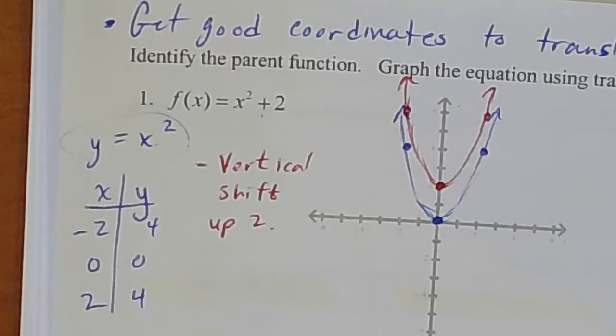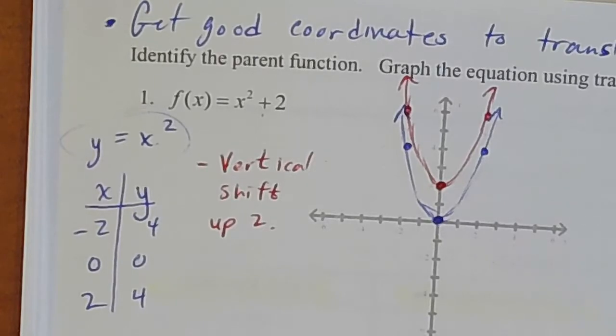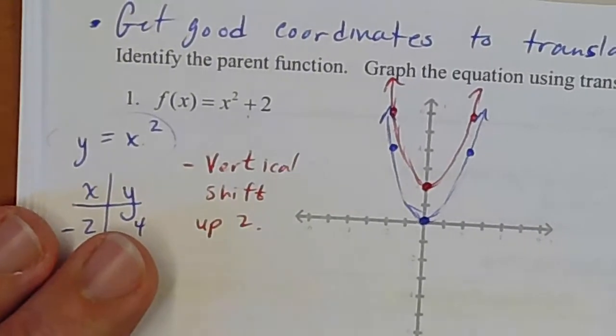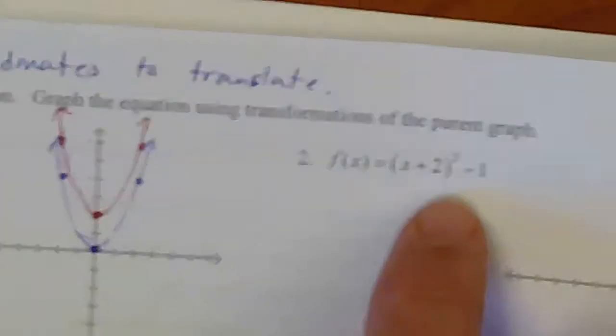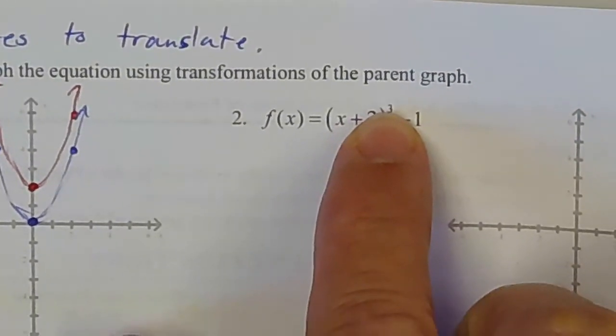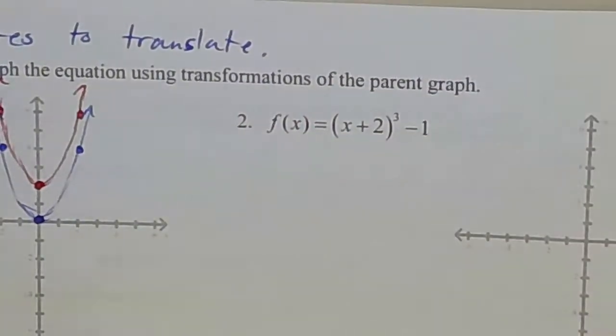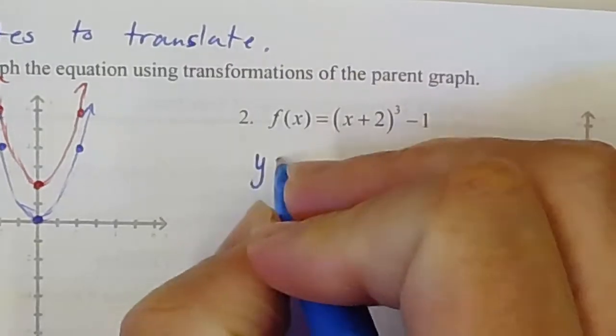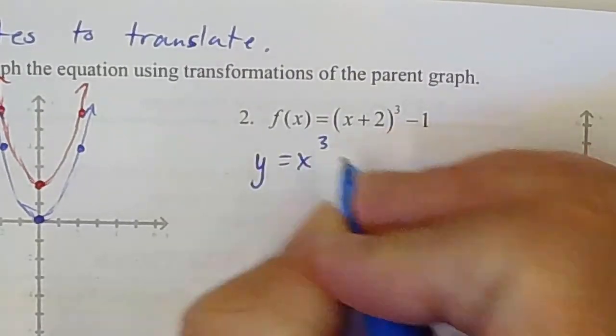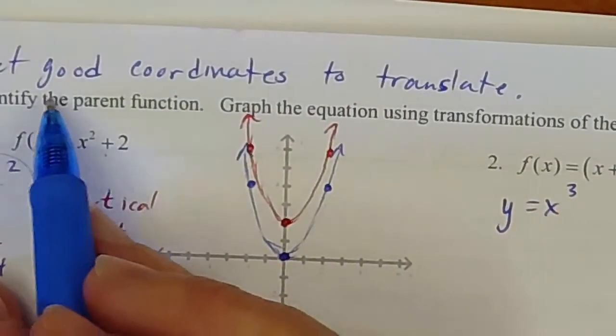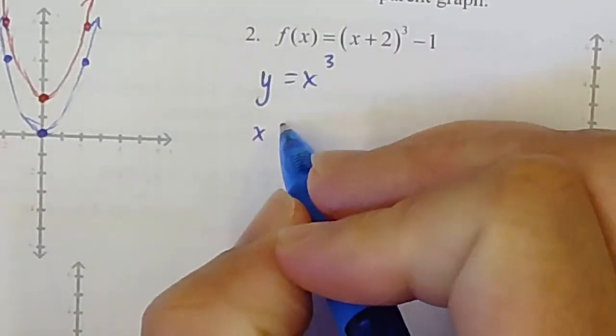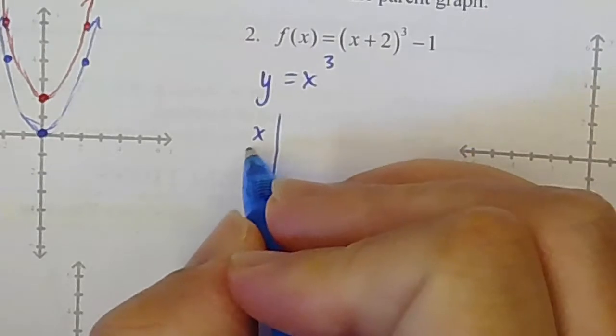Sometimes we have 2, like we do in number 2. Moving on to a new parent function for number 2. Now we notice an exponent of 3, which changes it to a cubic function. So y equals x cubed is the parent function. We need to get good coordinates to translate and move around. Once again, I like to just stay consistent on this step for you guys.